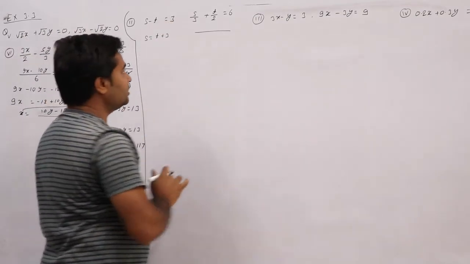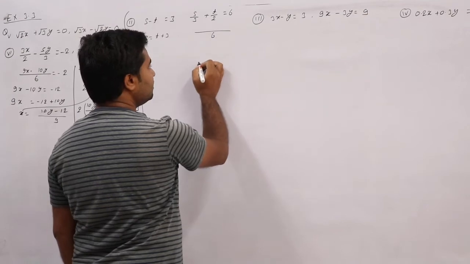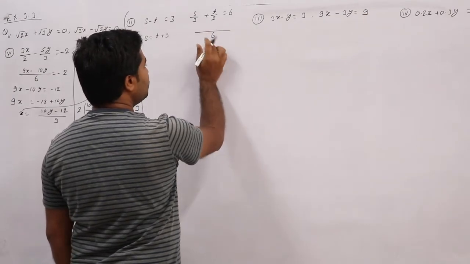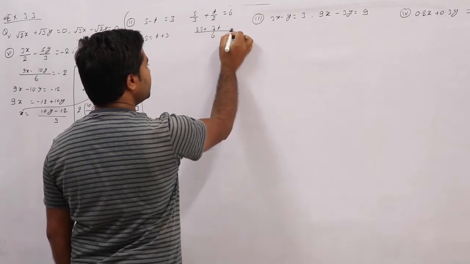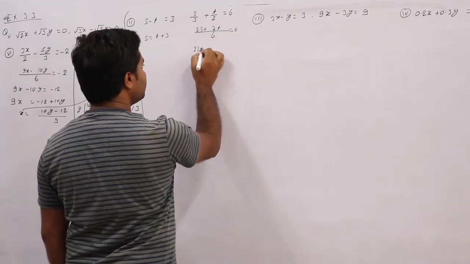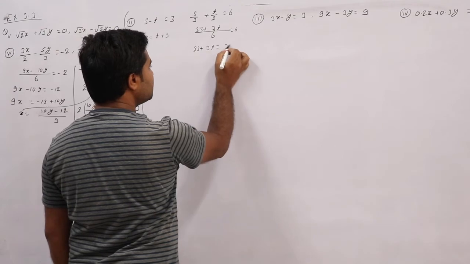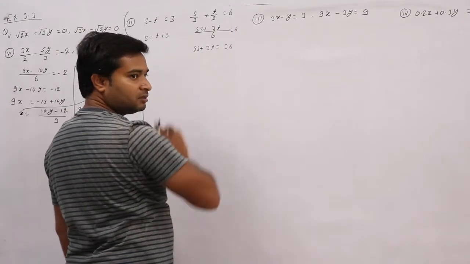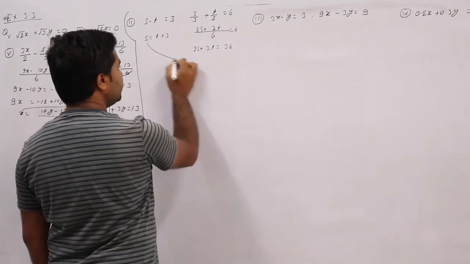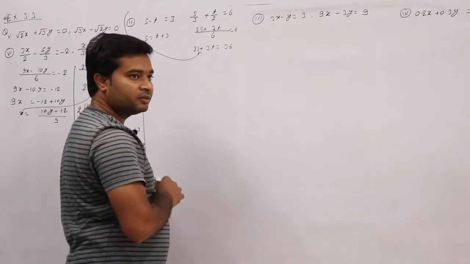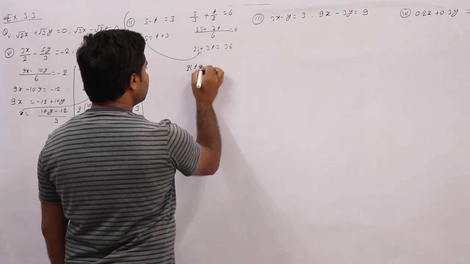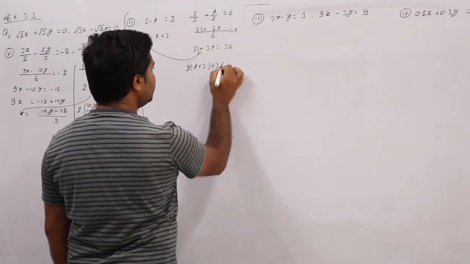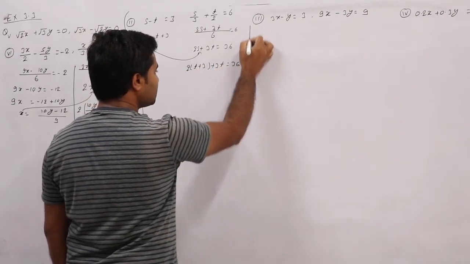Now here LCM is 6. 3 2s are 6. So 2s plus 3t is equal to 36, 6 6s are 36. Now put this s value here. So what becomes? 2 into t plus 3 plus 3t is equal to 36.